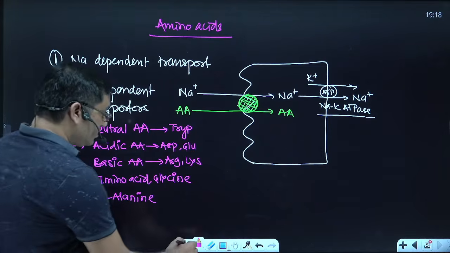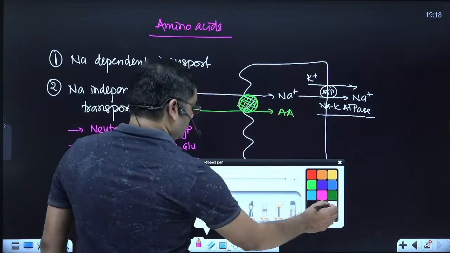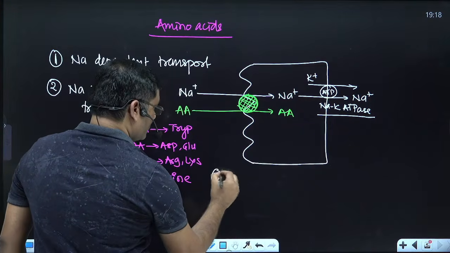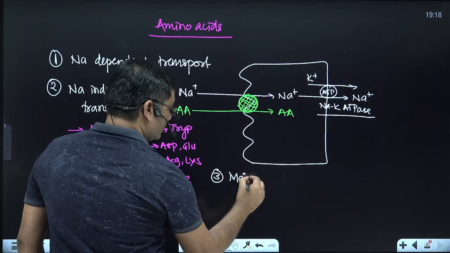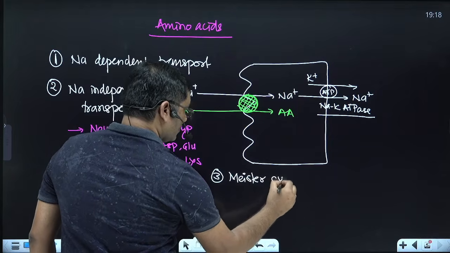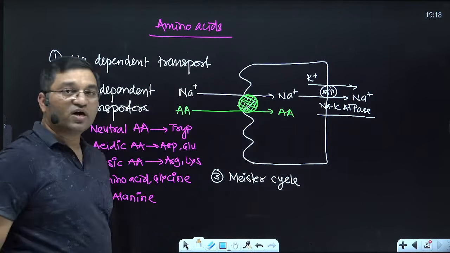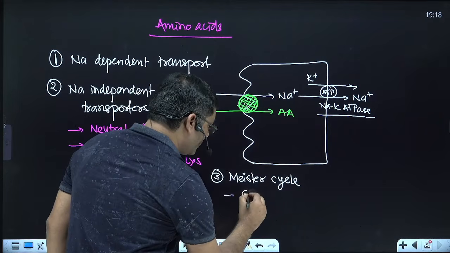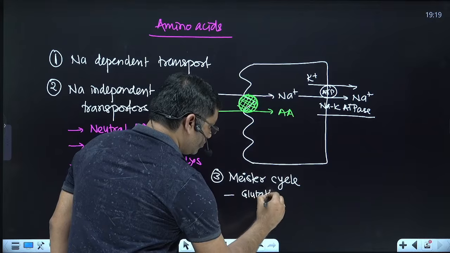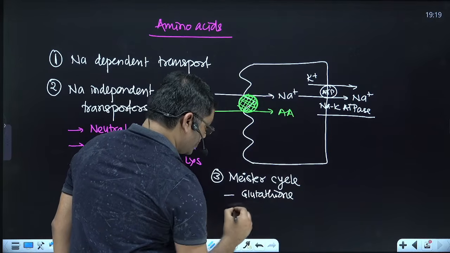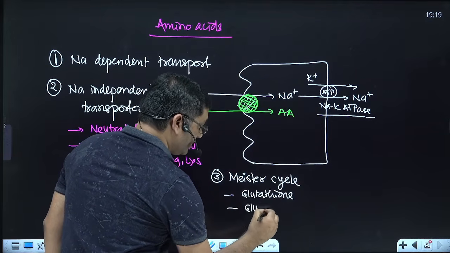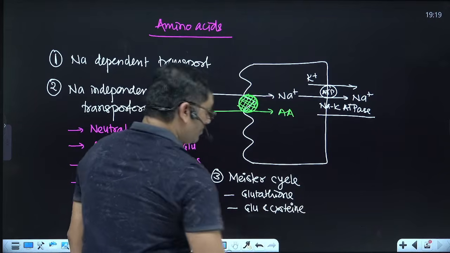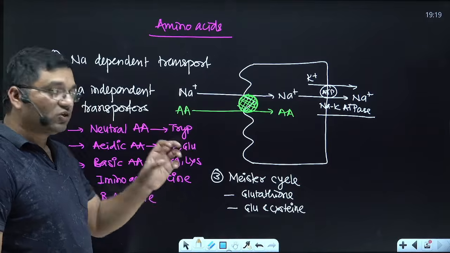Then the third mode of transport or absorption is the Meister Cycle. This is also known as the gamma glutamyl cycle. There is involvement of glutathione, and this is for the transport of glutamate and cysteine. It is a costly cycle.